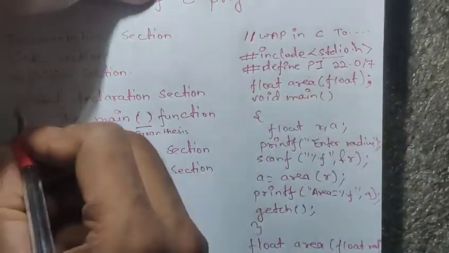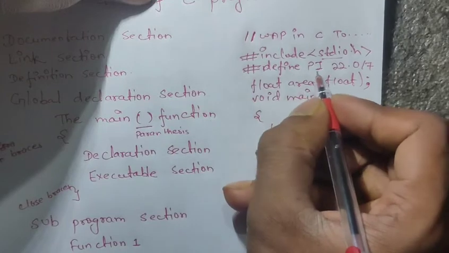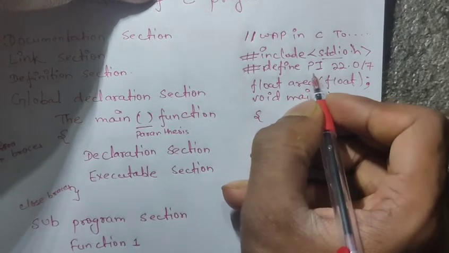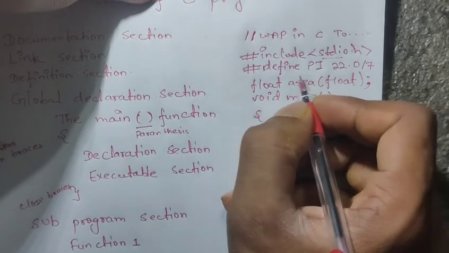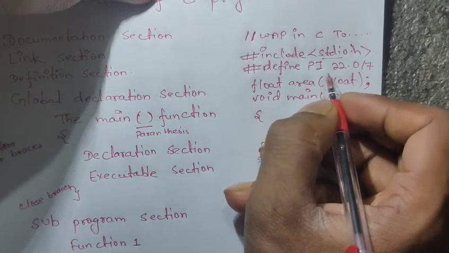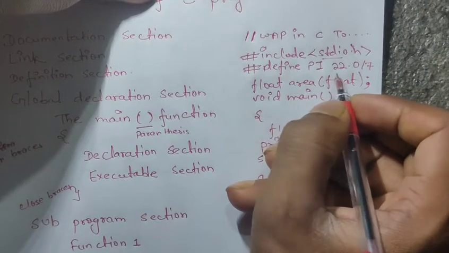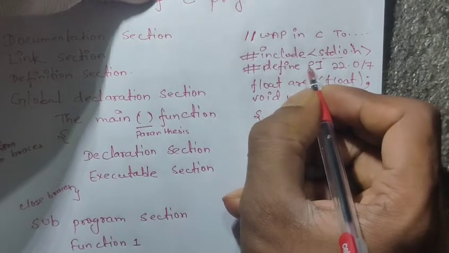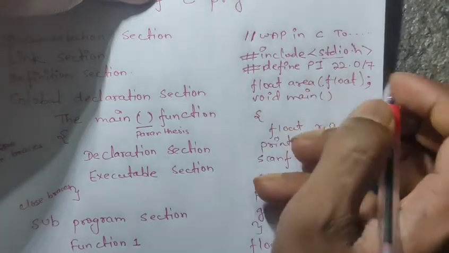One more thing we are seeing is that in the define section there will be #define PI. It is known as a declaration. What type of declaration? It's a variable declaration where we declare some constants, symbolic constants. We are assigning the PI value as 22.0 divided by 7, that is 22 by 7.